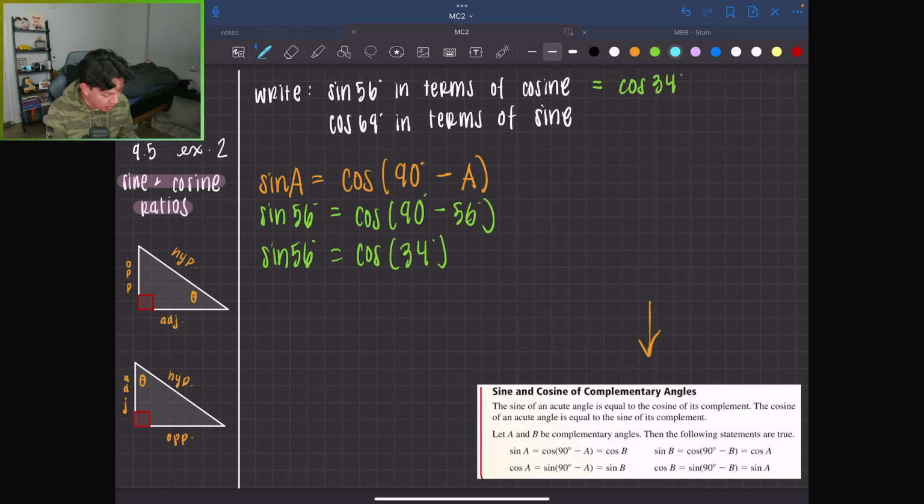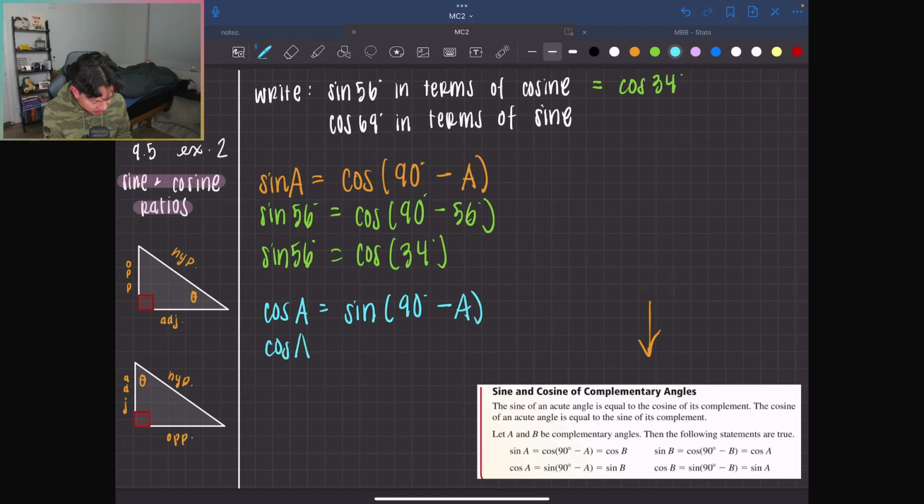Now let's work our way backwards with cosine of 69 degrees. So write cosine of 69 degrees in terms of sine. Okay, so the cosine of A is equal to the sine of 90 degrees minus A. So cosine of A, in this case, what is A?